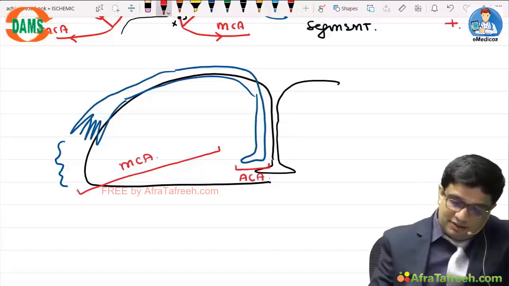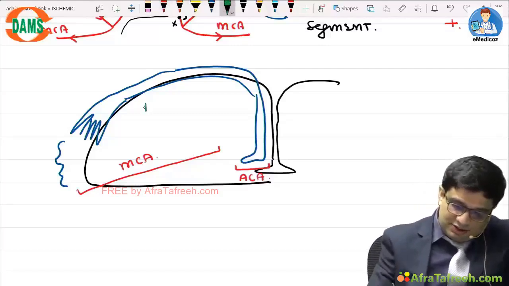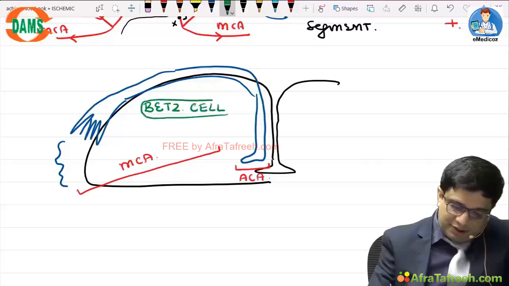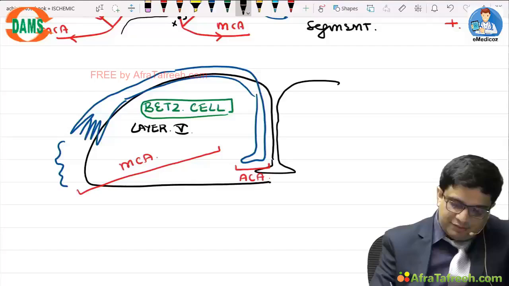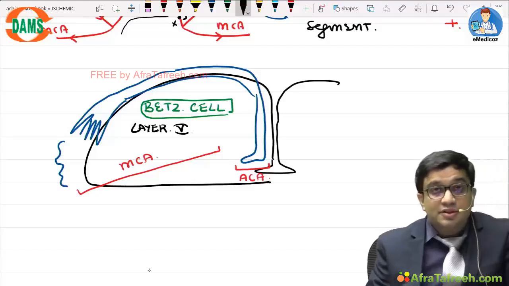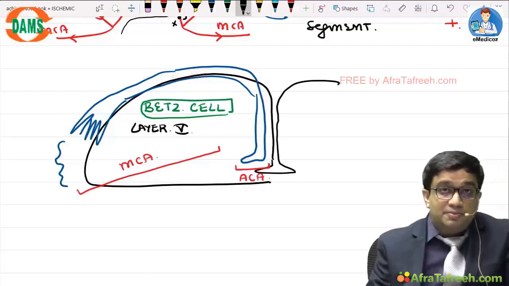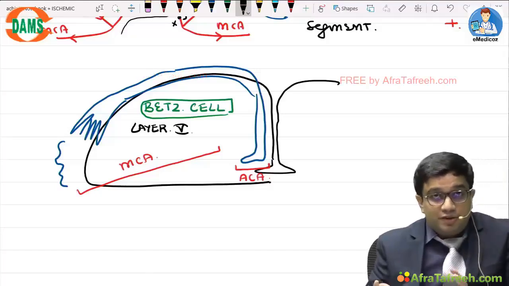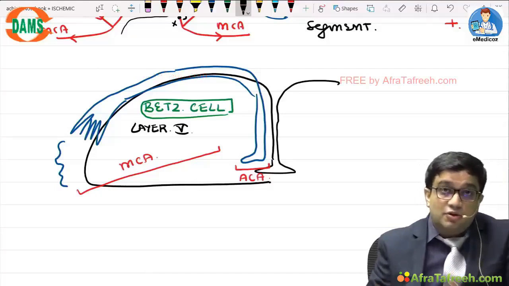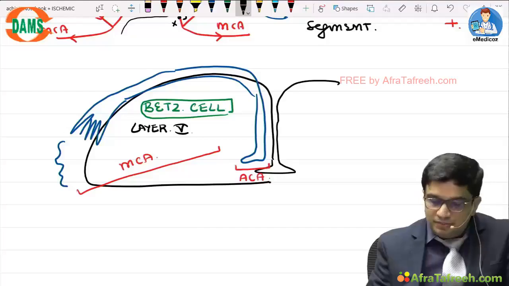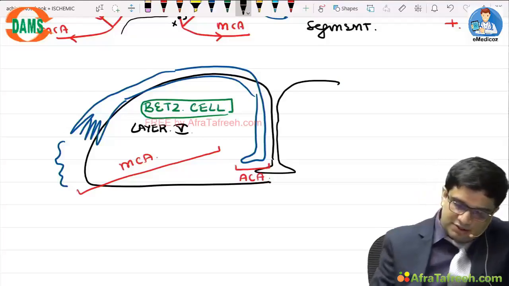Now apart again from physiology, there are cells which are located in the layer 5 of the brain. So when I locate them, they are the Betz cells which are located in the layer number 5 of the primary motor cortex. So they give me an impulse to move the body in the form of a tract which descends down, known as a corticospinal tract, right? Now this whole thing is going to come down as a signal, right?